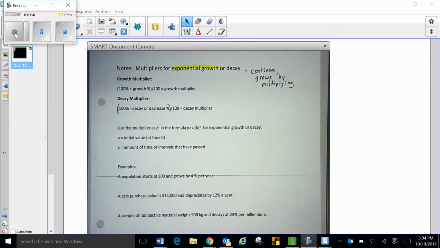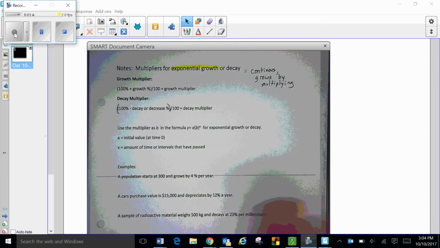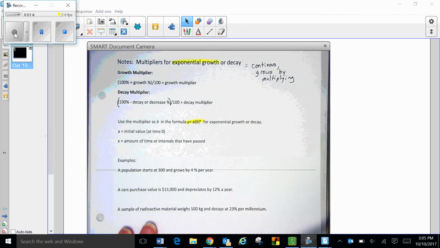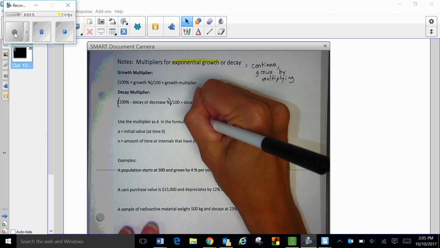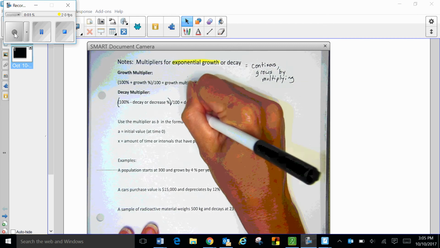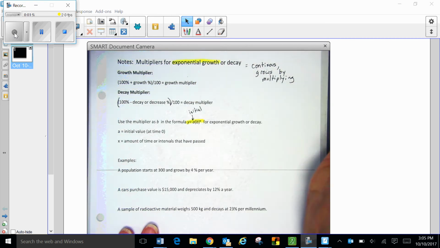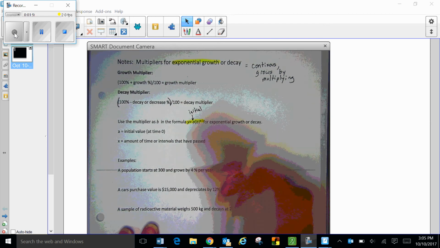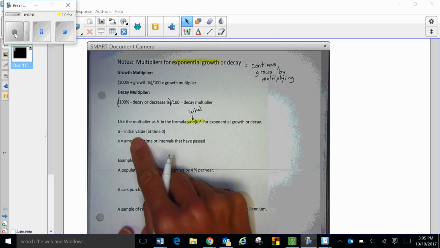divided by 100. Okay, so for our exponential growth formula, we have it right here, y equals a times b to the x, where a is your initial value. Similar to sequence, except that it's not term 1. In this case, initial value is when it's 0, so it does change things a little bit.